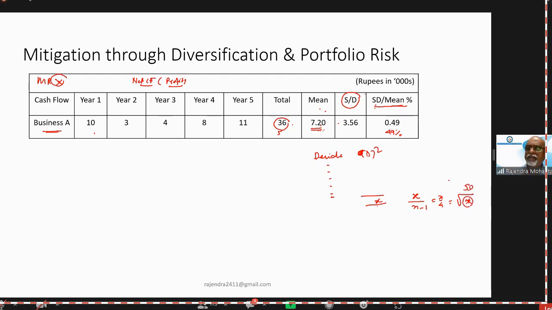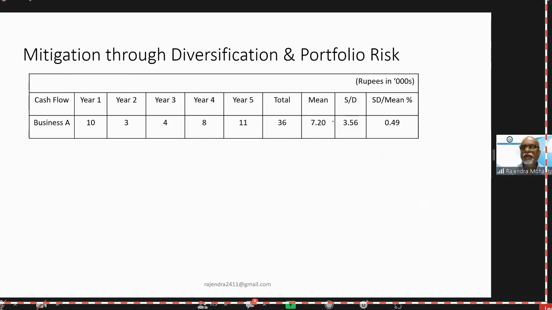I have explained this in volatility. That's why I'm repeating that I will not explain this again. I have skipped those columns and arrived at the standard deviation. So if the standard deviation is here, that means this is the volatility of my net cash flow from the mean.